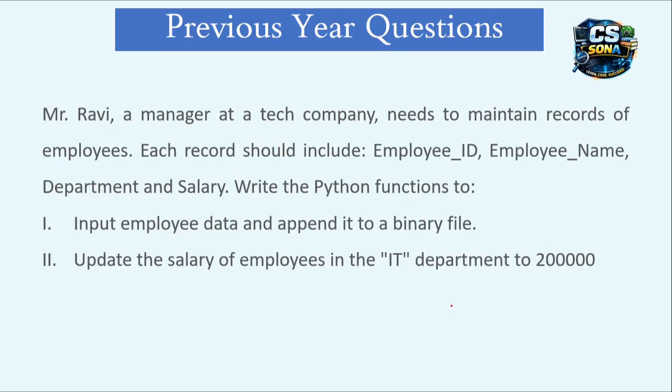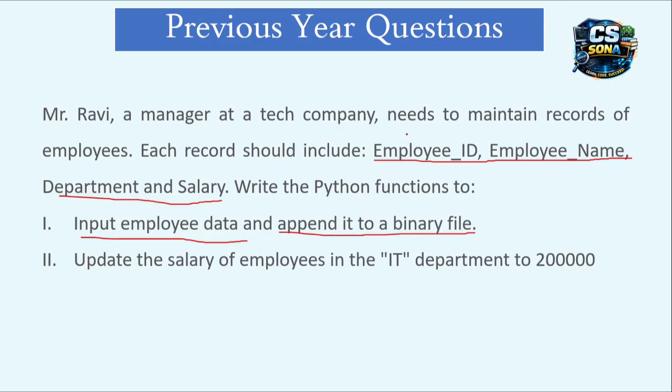Now let's go into some questions and solve. The first question is, Mr. Ravi, a manager at a tech company, needs to maintain records of employees. Each record should include employee ID, employee name, department and salary. Write a Python function to input employee data and append it into a binary file.